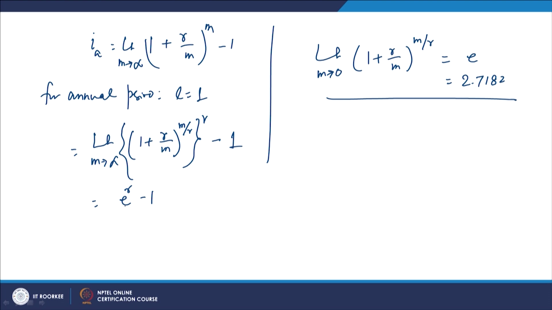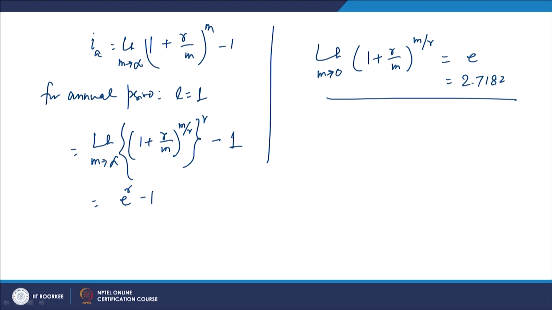So, when your nominal interest rate is defined, then you can have this value of the effective interest rate for the continuous compounding case, e raised to the power r minus 1.